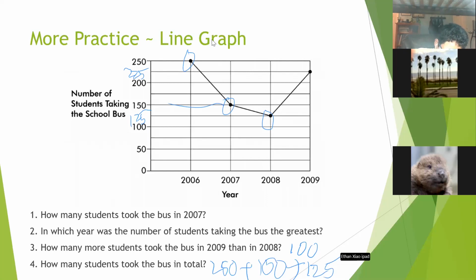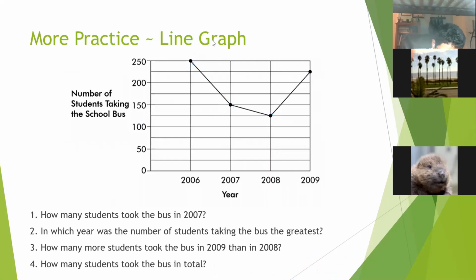And then we add the last dot, which is 225. So 250 plus 150 is 400. 400 plus 125 is 525. And 525 plus 225 is 750. So the answer is 750.